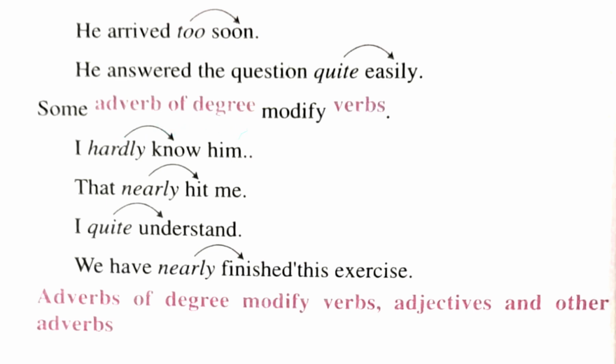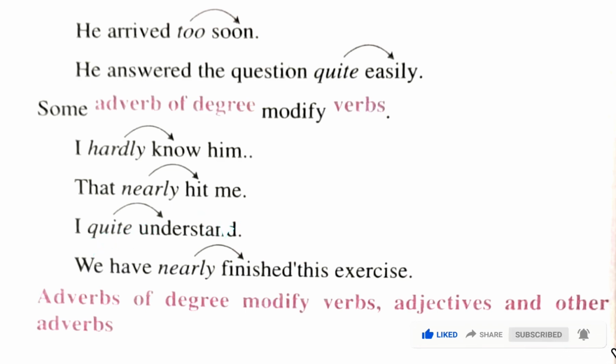Some adverbs of degree modify verbs, like I hardly know him. Here see, hardly has modified the word know. It is what? It is a verb. Same thing has happened here: it nearly hit me. Here nearly has modified the word hit, which is a verb. And again we find here, I quite understand.